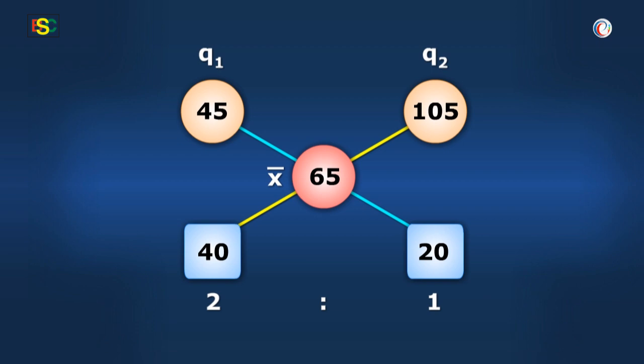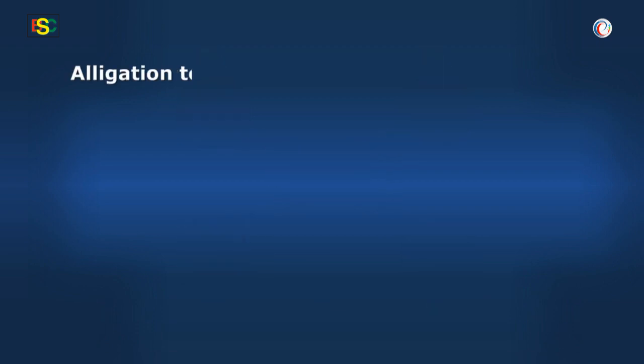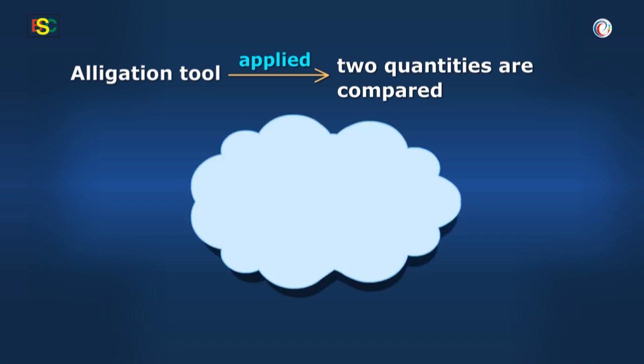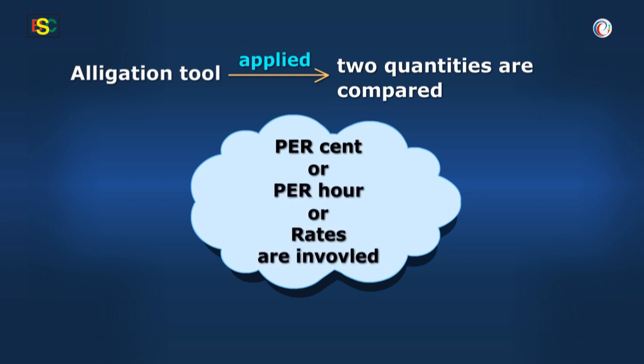Vidya, kindly note down that the alligation tool is applied when two entities are being compared. That is, whenever percent or per hour or rates are involved, but not for absolute values.